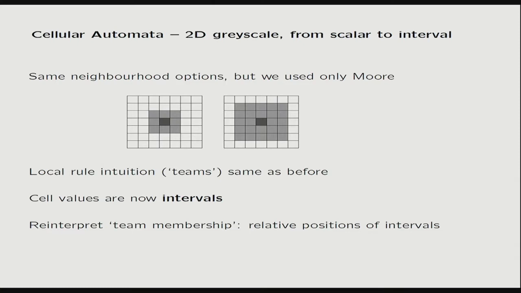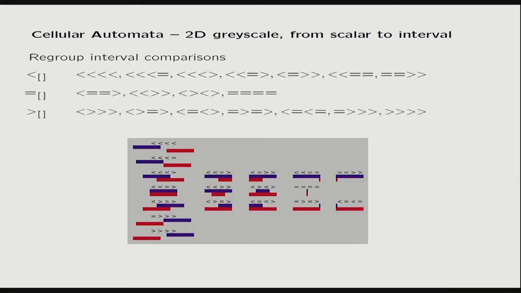And for that, we need to look at relative positions of intervals. This is not new. It was defined by Kiryaev in a technical report in the 90s. Many others have looked at that, but this is absolutely key to how we define team membership. And we've tried a few samples, but I think that there is a vast amount of other options, and I think that this is something that will eventually need to be refined for the specific application of image segmentation.